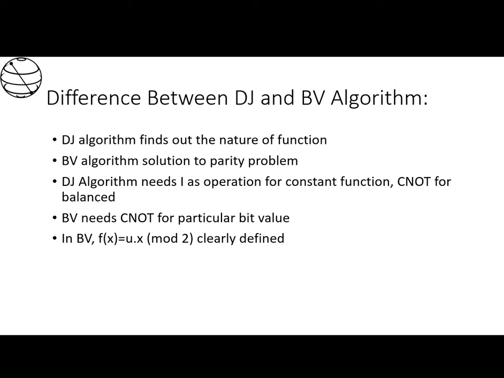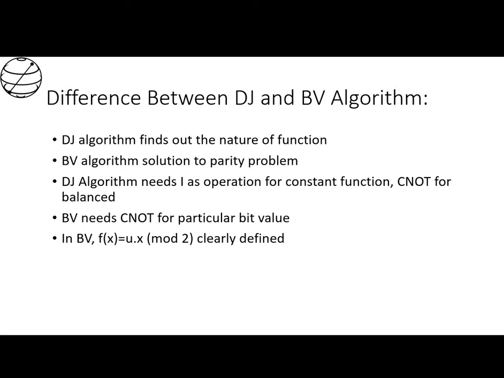How that happens, how Bernstein-Vazirani came up with this kind of algorithm, we will see later. But first we need to see the difference between Deutsch-Jozsa and Bernstein-Vazirani algorithm, because they have the same kind of circuit, but we want a different output from it. In Deutsch-Jozsa algorithm, we need the characteristics of the function, but in Bernstein-Vazirani algorithm we solve a parity problem.